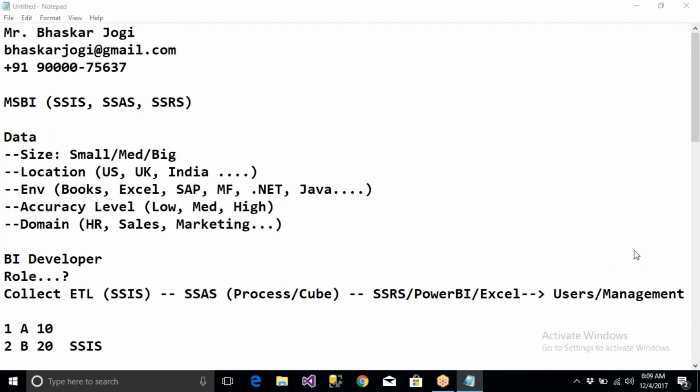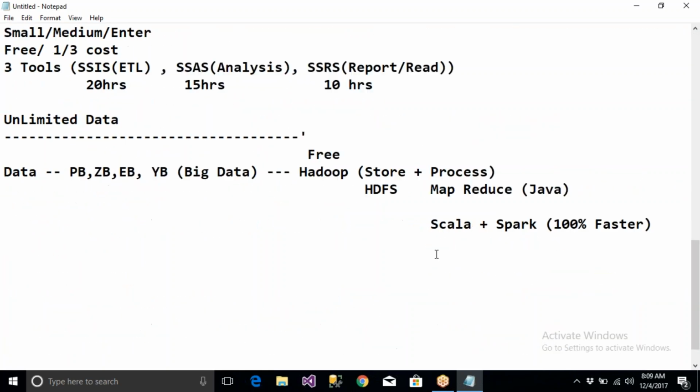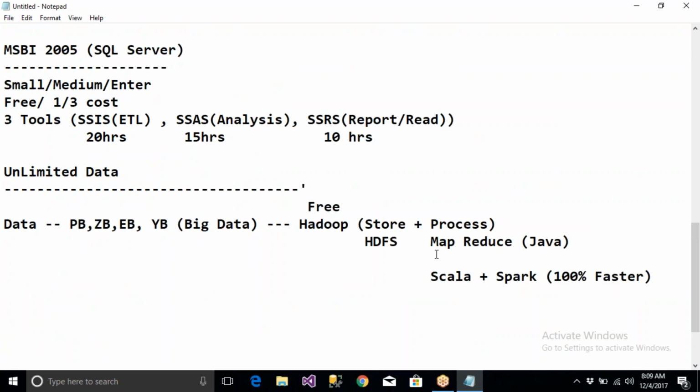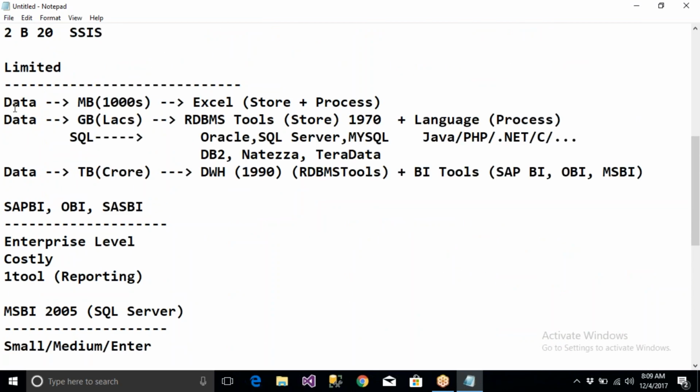On big data and Hadoop, we use structured or unstructured data. Traditional systems like data warehousing, RDBMS, and Excel are mostly structured data.